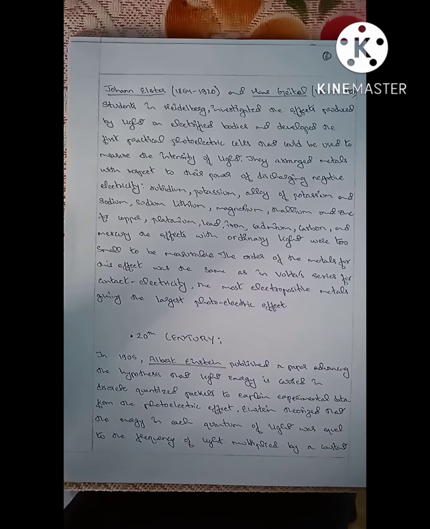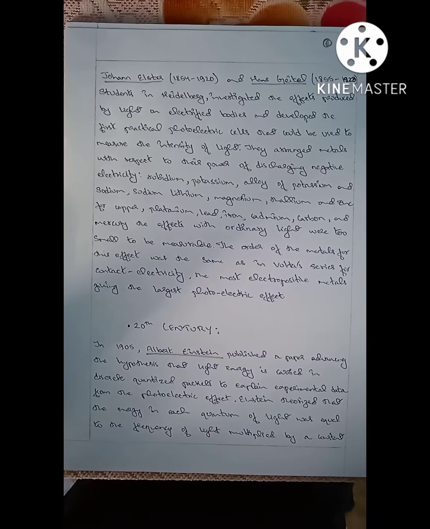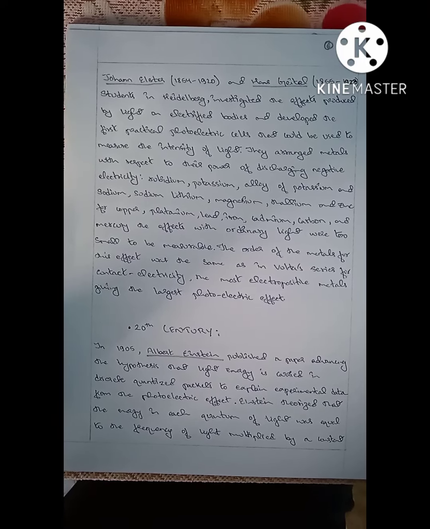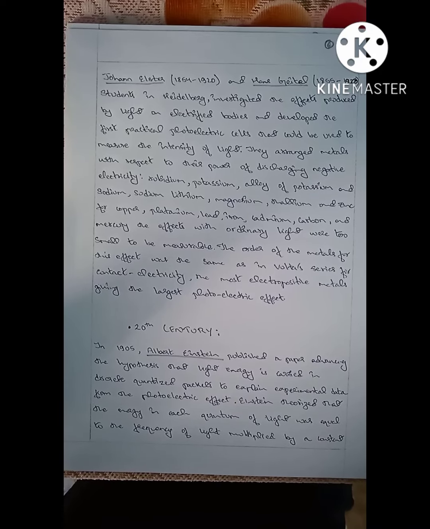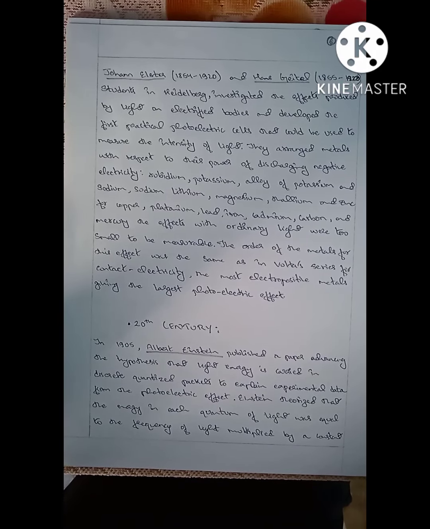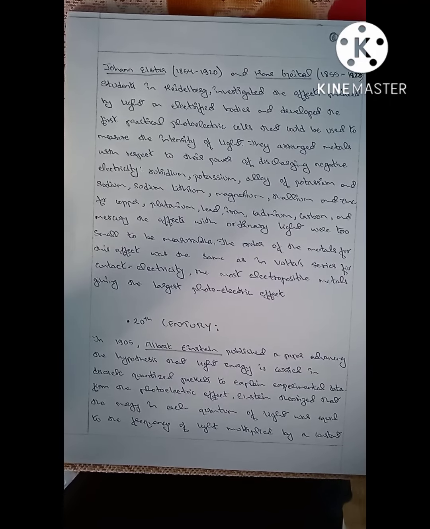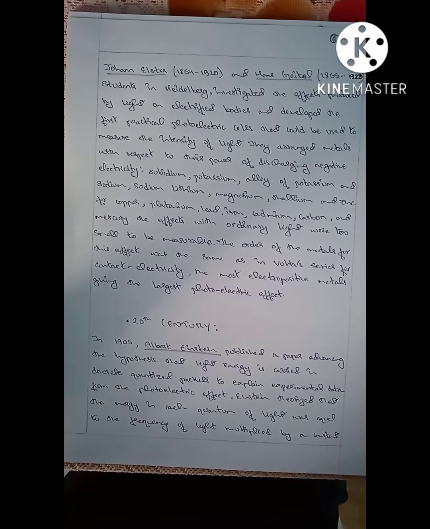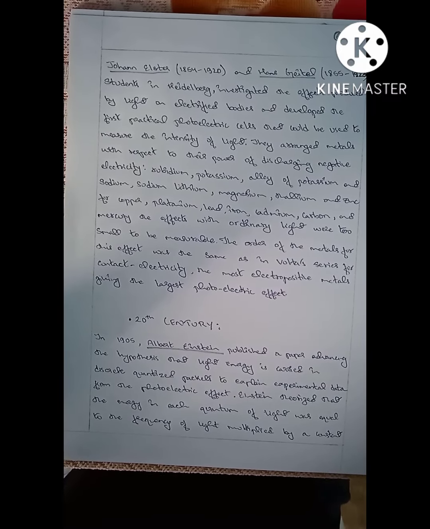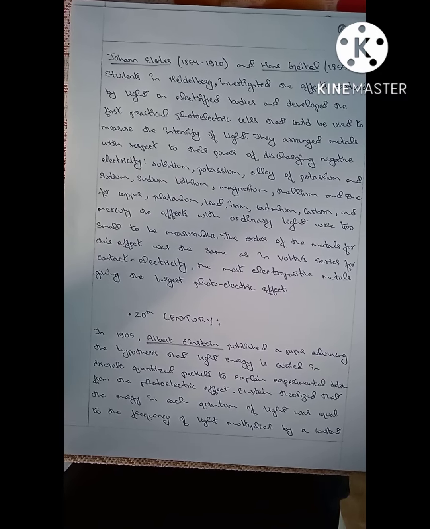During the 19th century only, after Becquerel and Smith, the scientists Johann Elster and Hans Geitel, students of Heidelberg, investigated the effects produced by light and electrified bodies and developed the first practical photoelectric cells that could be used to measure the intensity of light. They arranged metals in such a manner with respect to their power of discharging negative electricity, such as rubidium, potassium, alloy of potassium and sodium, lithium, magnesium, thallium, and zinc, followed by copper, platinum, lead, iron, cadmium, carbon, and mercury.